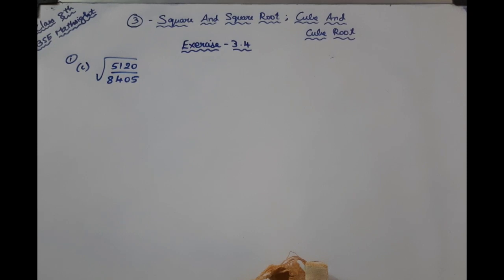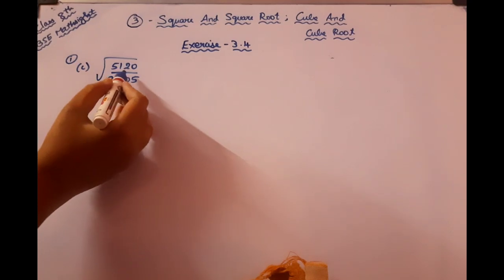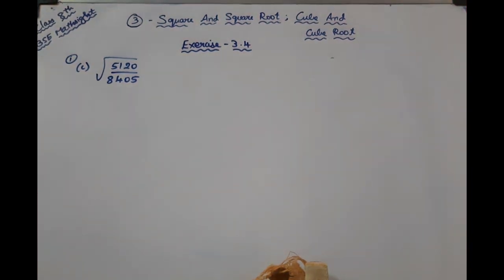We are going to see the next sum. We have to find the square root of 5120 divided by 8405. We can try to divide both numbers, since both numbers are divisible by 5.